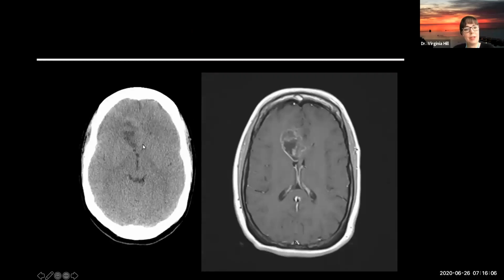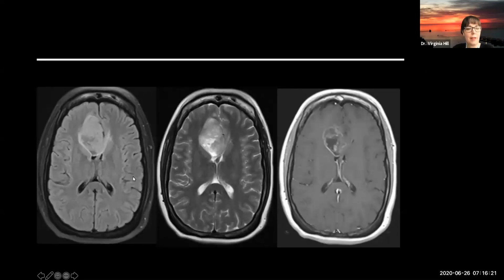Here's an example of a CT. We can see this heterogeneous tumor with some CT hyperdensity. And on T1 axial contrast enhanced imaging, we have this very heterogeneously enhancing tumor involving the corpus callosum with necrosis. On FLAIR images, we have this fairly heterogeneous but still predominantly FLAIR hyperintense lesion.